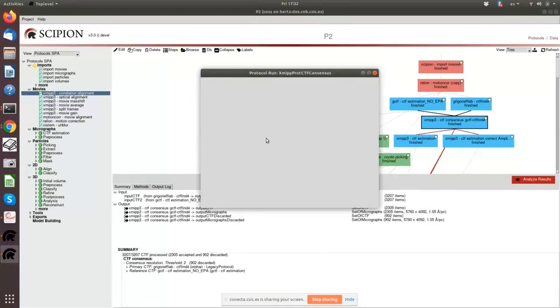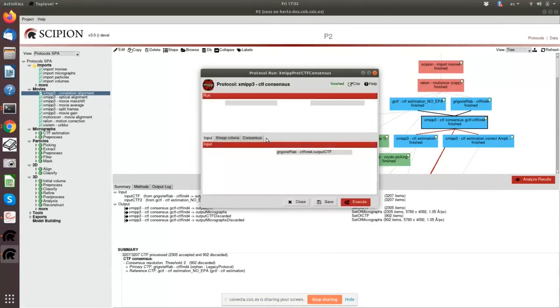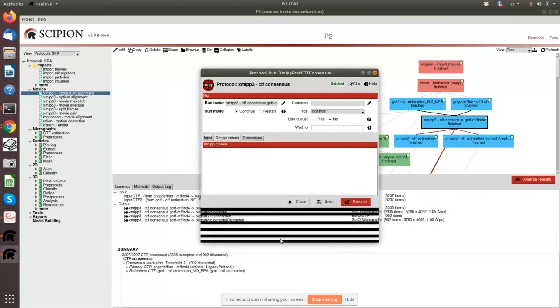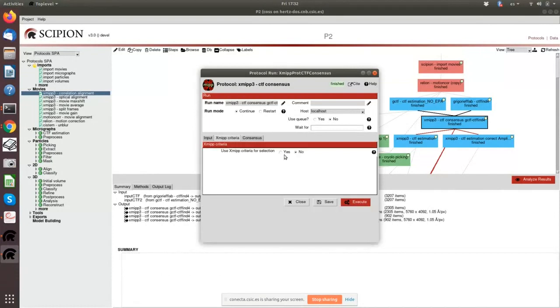So we can take this tab, and then we say that we want to use the XMIP criteria. For the XMIP criteria, the primary CTF has to be XMIP.